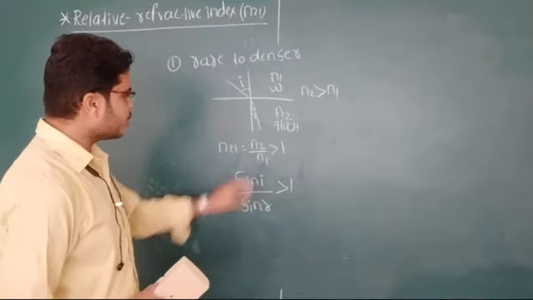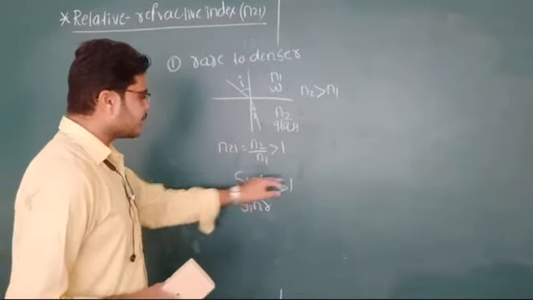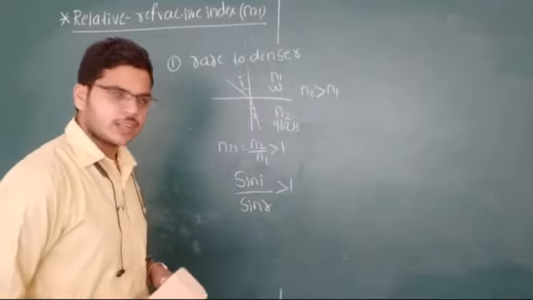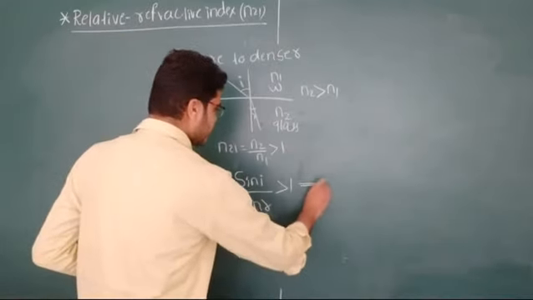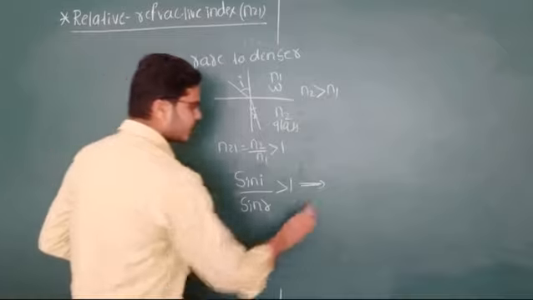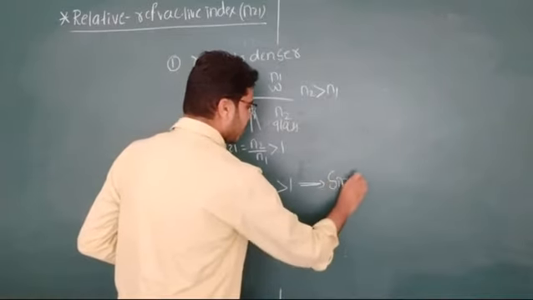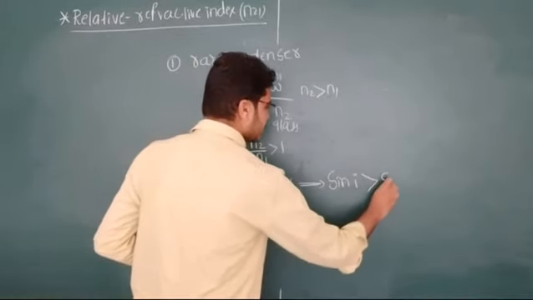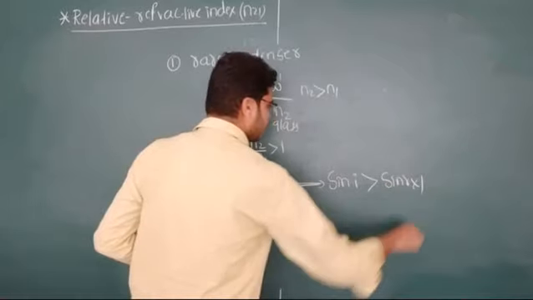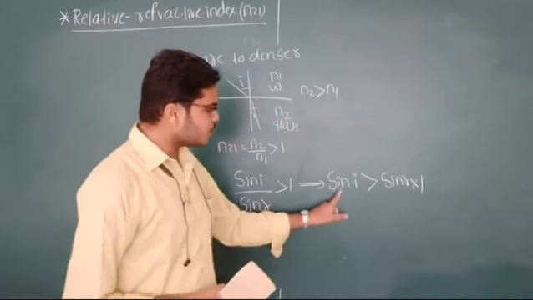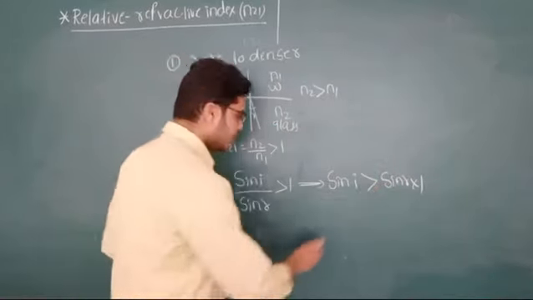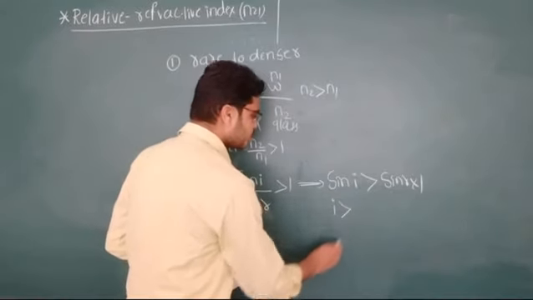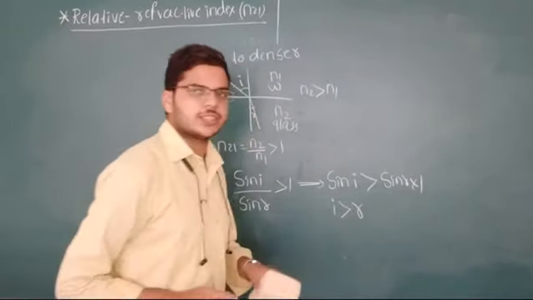This ratio N2 by N1 is greater than 1 means sin I by sin R is also greater than 1. This implies sin I value is greater than sin R value, so the I value is more compared to R. That is, the angle of incidence is more than the angle of refraction.